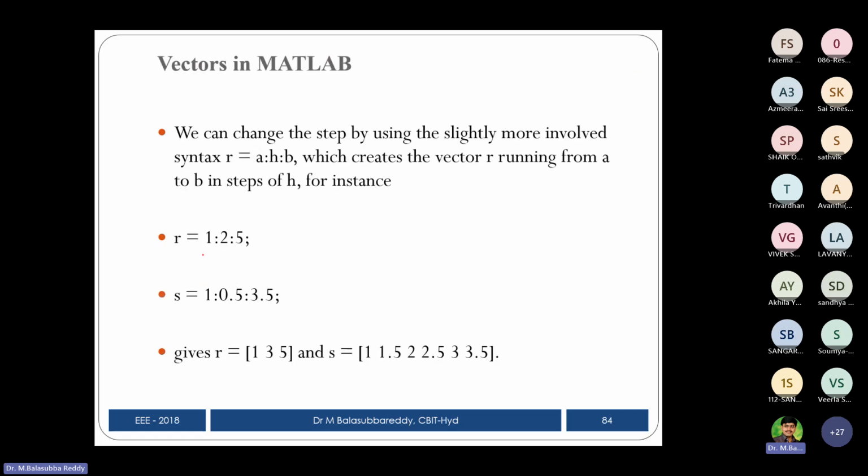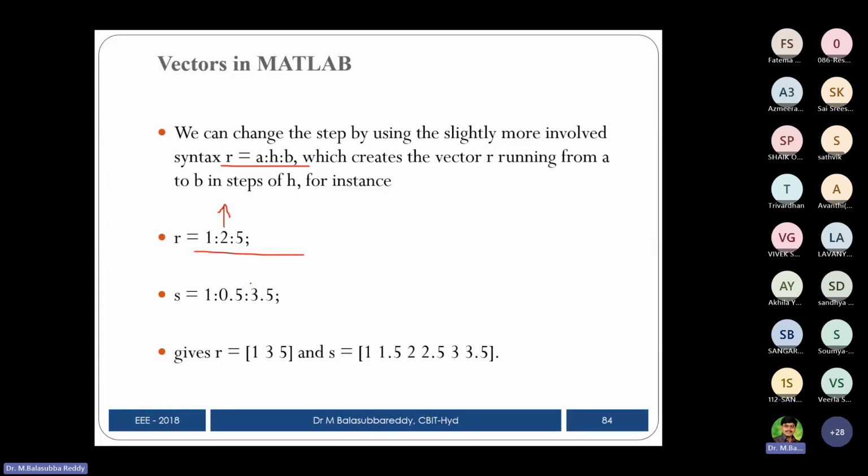In the second example, I wrote 1 colon 2 colon 5. In the general syntax, A is equal to a colon h colon b: a is the starting value, b is the ending value, and h is the step.